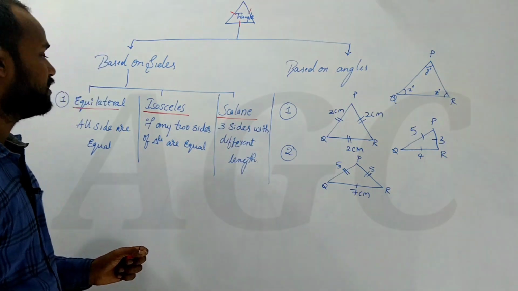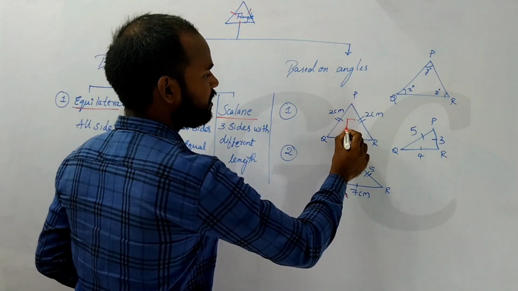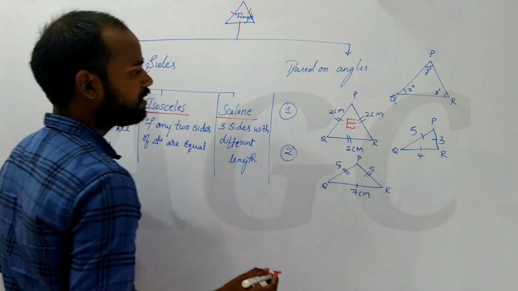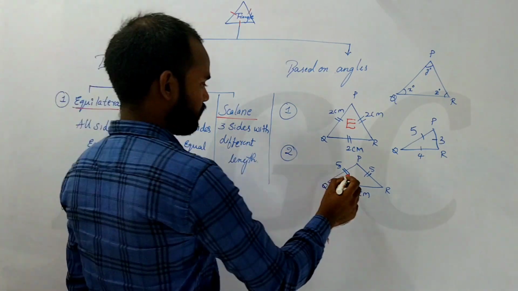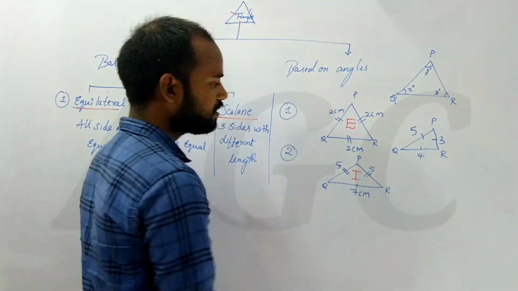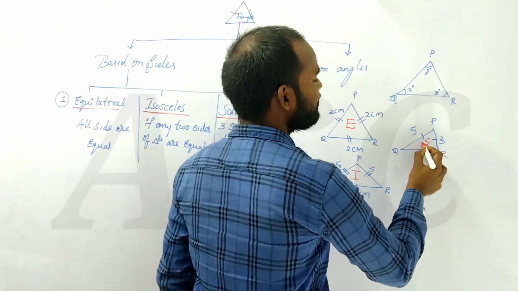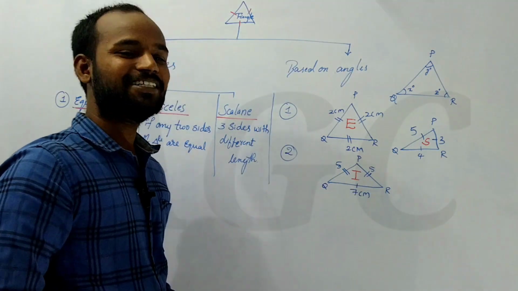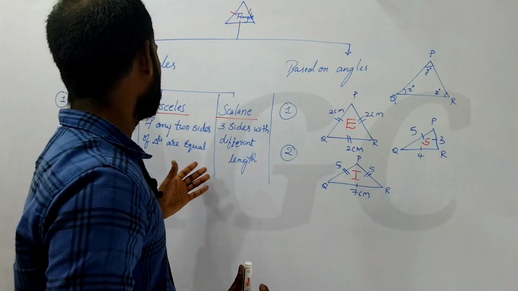Equilateral, all sides are equal. Isosceles, any two sides are equal. Scalene, all three sides are different. Clear? I hope I did very well, right?